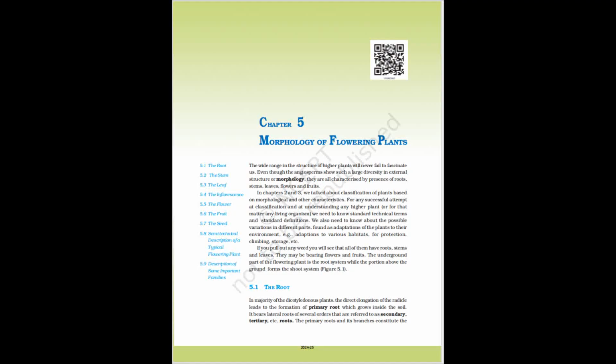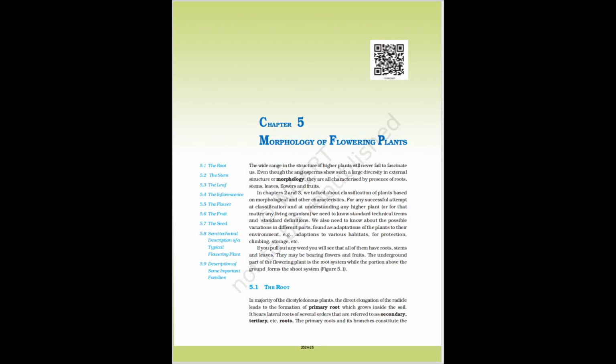Gynoecium: bicarpellary, obliquely placed, syncarpous, ovary superior, bilocular, placenta swollen with many ovules, axile. Fruits: berry or capsule. Seeds: many, endospermous. Floral formula: circle plus. Economic importance: many plants belonging to this family are sources of food: tomato, brinjal, potato; spice: chili; medicine: belladonna, ashwagandha; fumigatory: tobacco; ornamental: petunia.